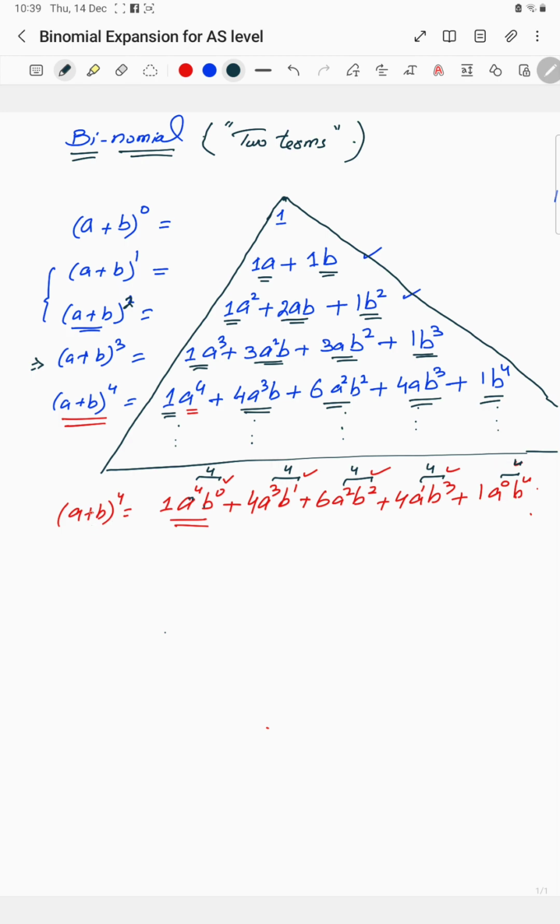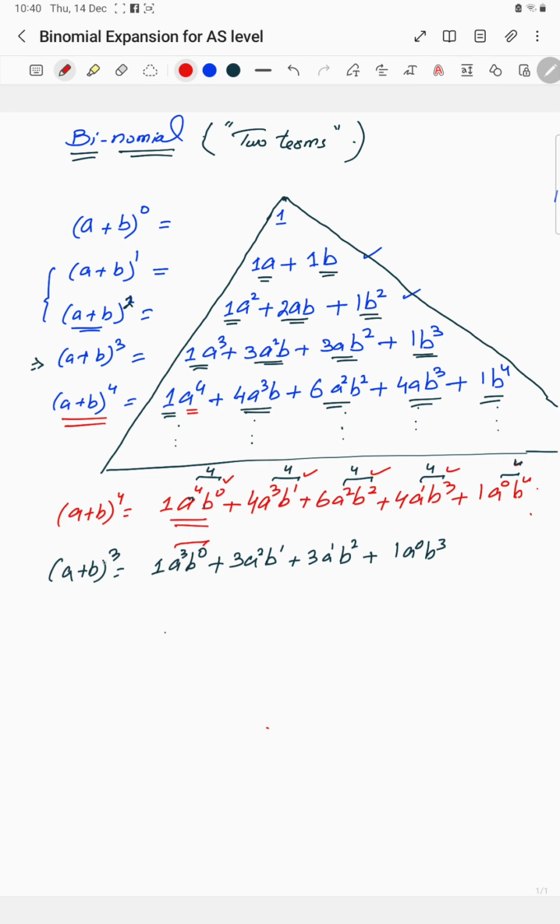But if you take the values from the above triangle for power 3, you can see it will be 1 a^3 b^0 plus 3 a^2 b^1 plus 3 a^1 b^2 plus 1 a^0 b^3. Again, the power of a is successively decreasing by 1, and the power of b is successively increasing by 1.